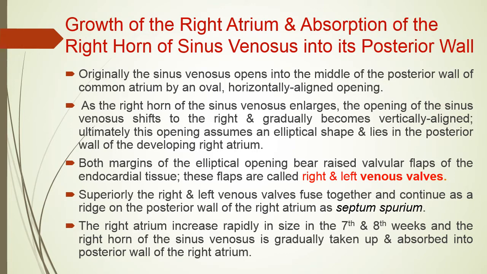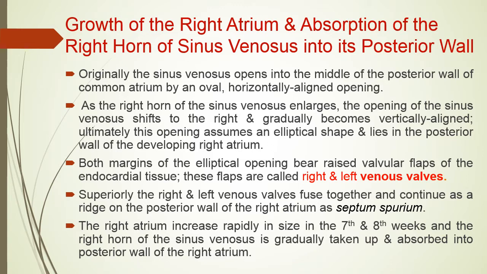On each side of this opening two valvular flaps are present, one on the right side, one on the left side, and they are called right and left venous valves accordingly. And spirally, these venous valves fuse with each other to form a short septum, which is called septum spurium. This has also been discussed.